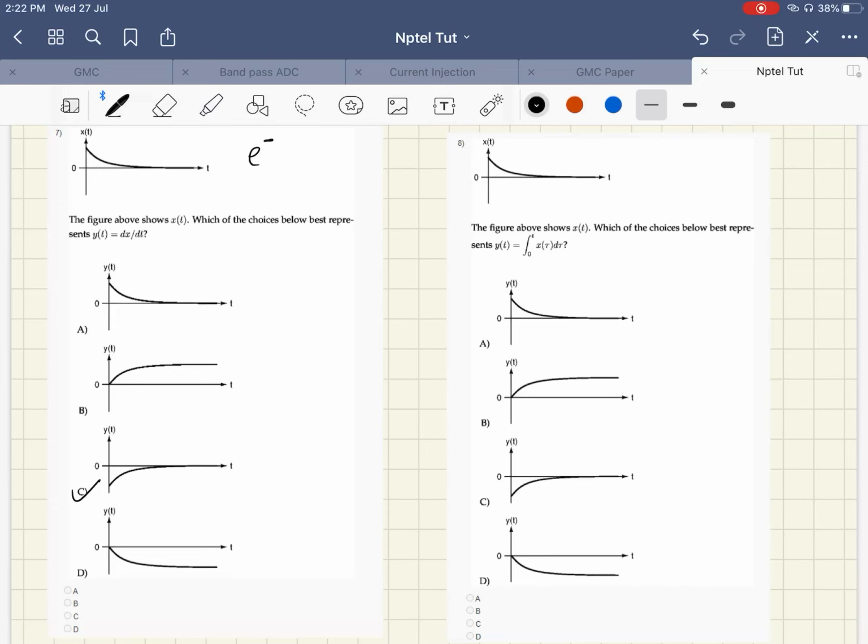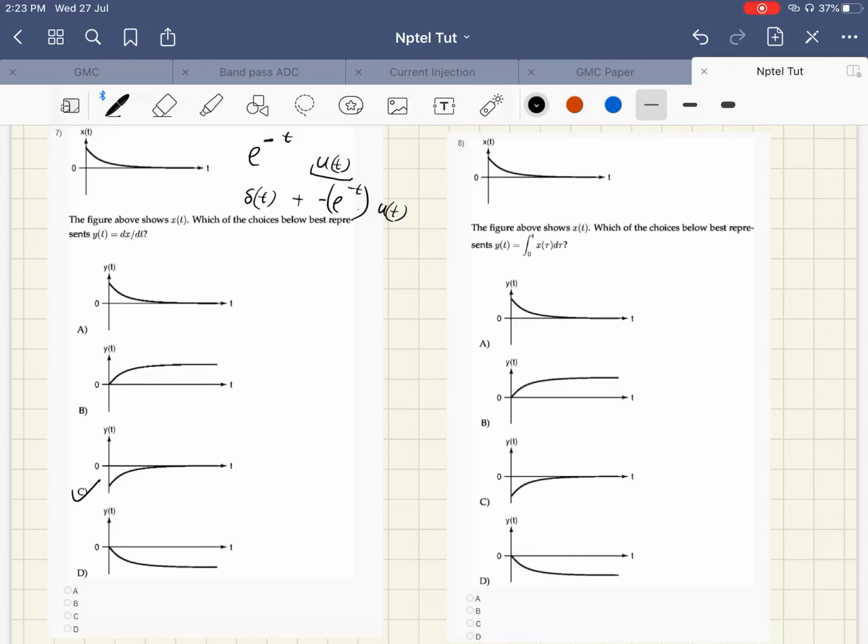Now, analytically, this looks closely like a decaying exponential, that is e to the power minus t u of t. If we differentiate it, we get delta of t minus e to the power minus t u of t. I have differentiated using the product rule.